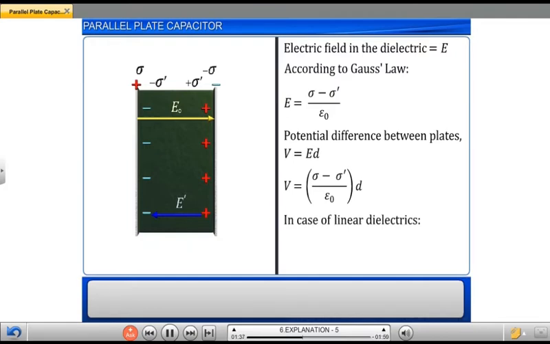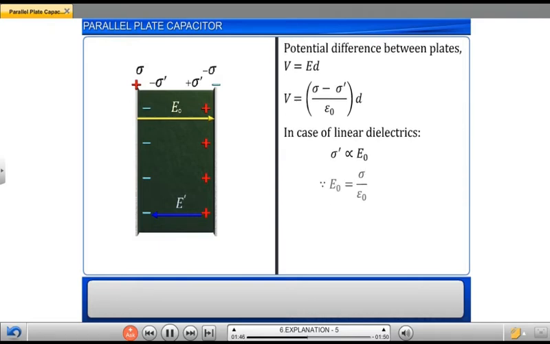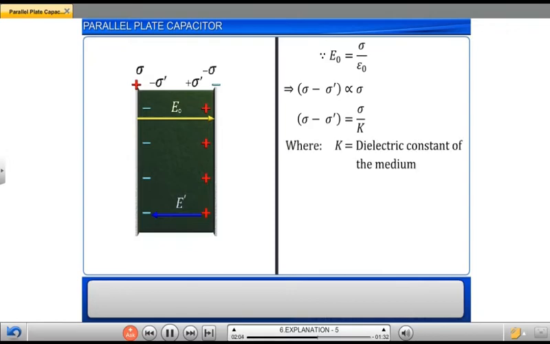In the case of linear dielectrics, sigma dash will be proportional to the external electric field strength E naught. But since E naught is equal to sigma by epsilon naught, it implies that the value of sigma minus sigma dash is proportional to the sigma value. Or, we can say that sigma minus sigma dash is equal to sigma by K, where K is a constant of proportionality which is called the dielectric constant of the medium.